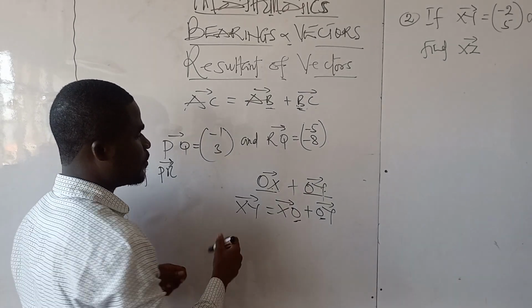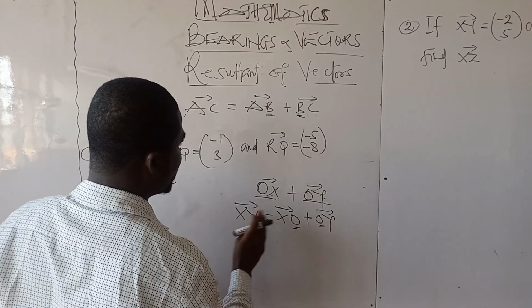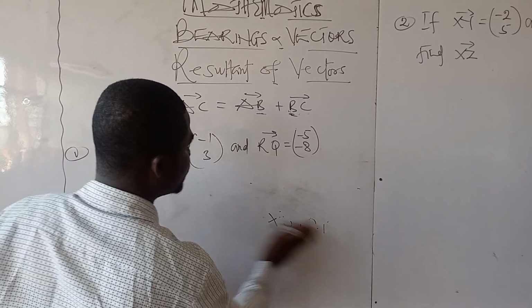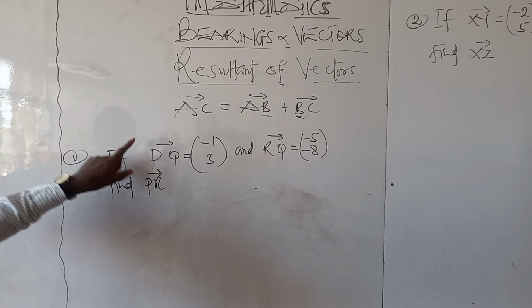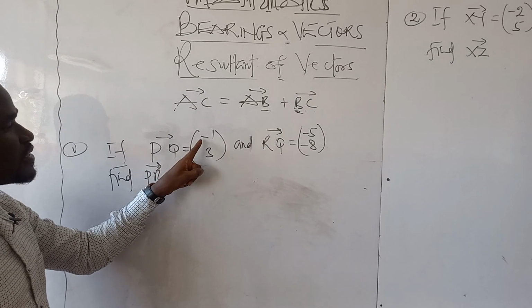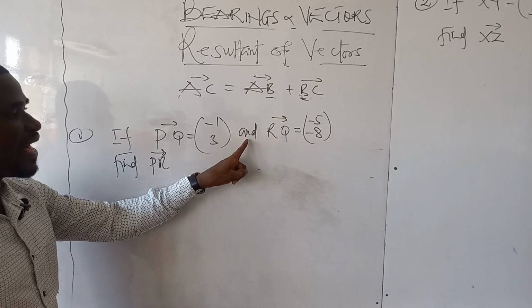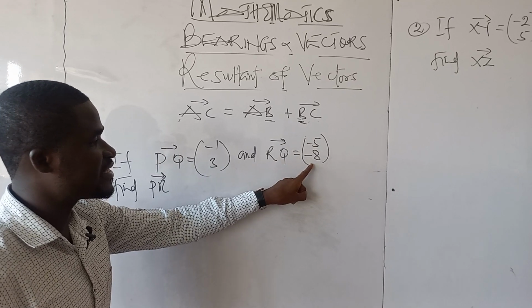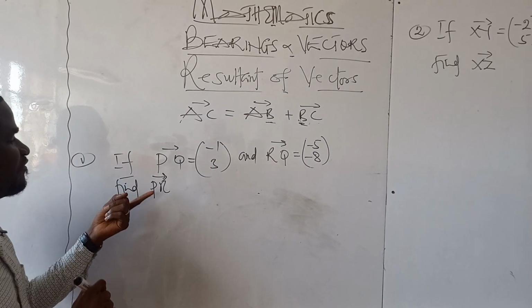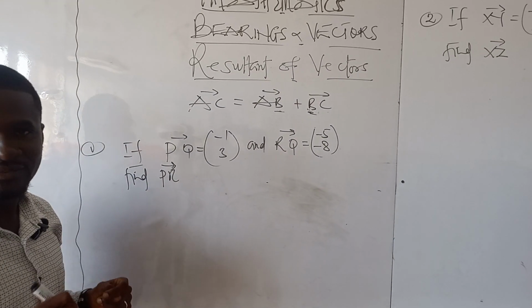Okay, now let's try an example. The question says, if vector PQ equals negative 1, 3 and vector RQ equals negative 5, 8, find vector PR.